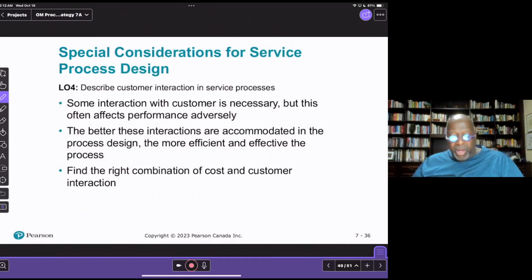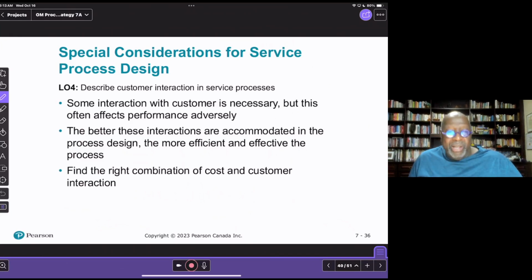All right. In terms of services, if you're trying to improve them, there are some considerations you may want to think about. Some interaction with the customer is necessary, but this often might affect your performance adversely. Now, it could be adverse or it could be actually positive.